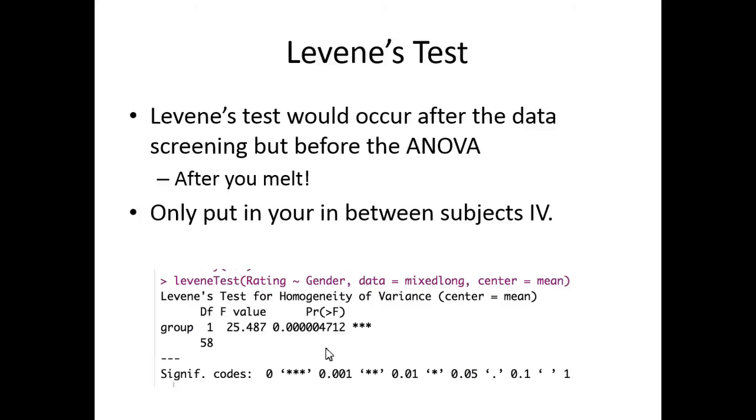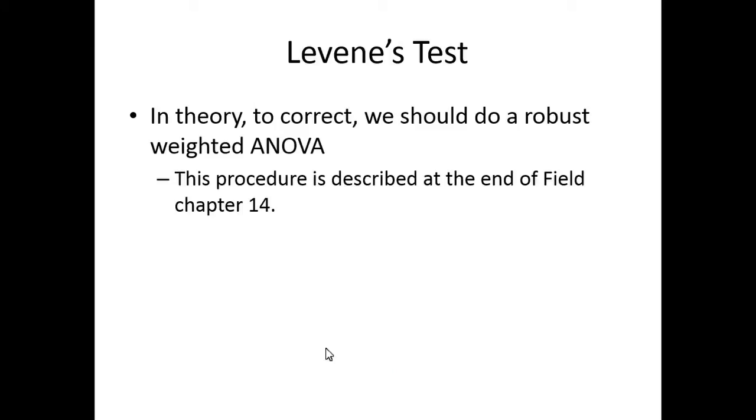So what we would actually have to do, if you wanted to correct for Levene's test, is a robust weighted ANOVA. And that is explained in way too much detail that I'm not entirely sure I follow in the end of chapter 14. So if you get yourself in that situation, here's the marker where to go back to.